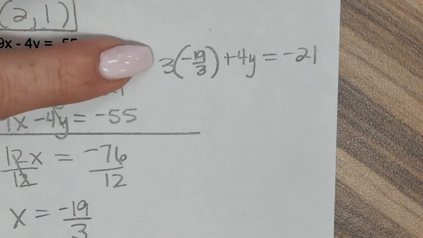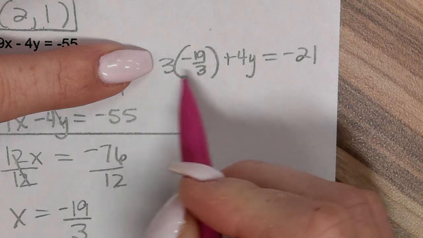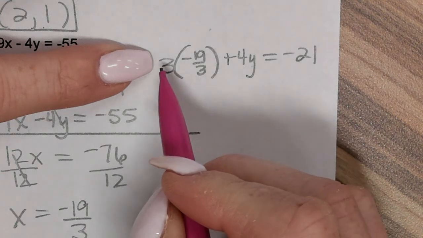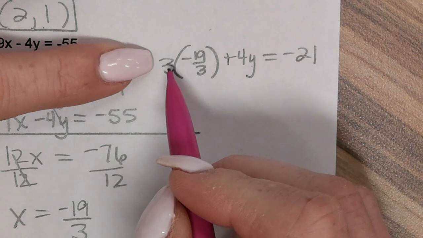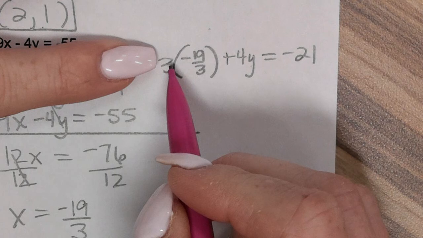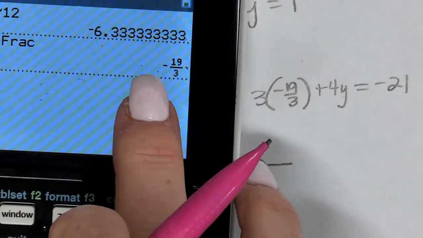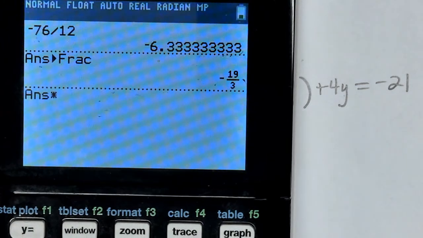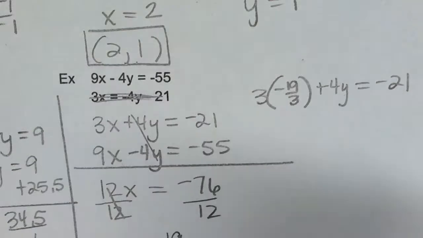All right. What happens right here? Oh, you have to convert to a decimal. No. Multiply. When you multiply, what's going to happen if the denominator is the same as what you're multiplying by? It's going to cancel out. So watch if you don't understand. Negative 19 thirds times 3 is negative 19. So it just cancels out.